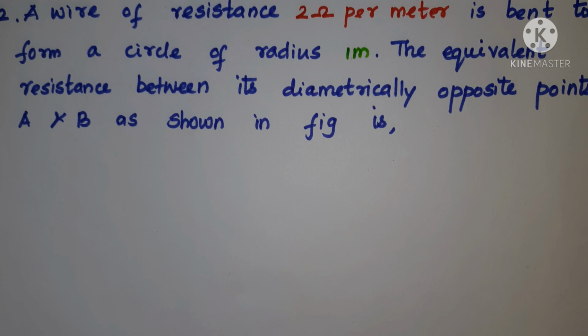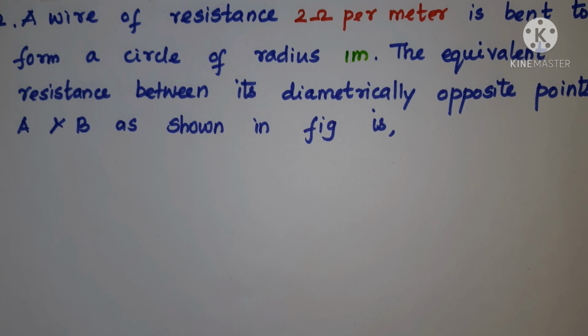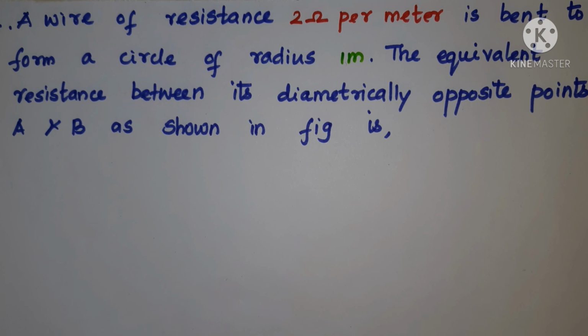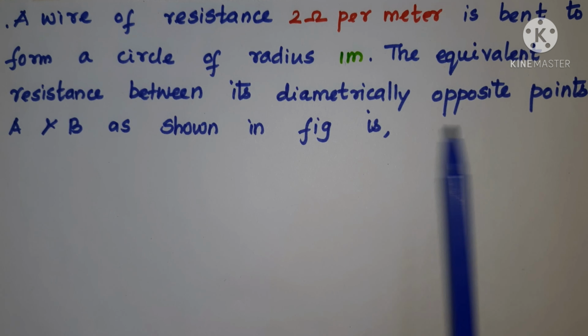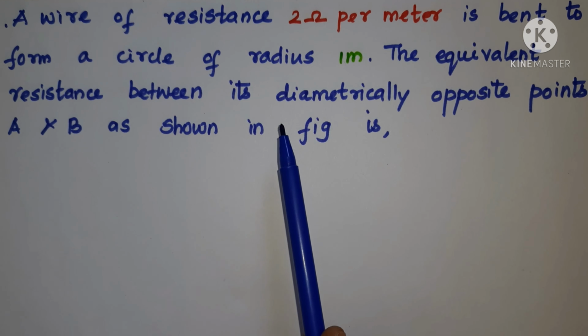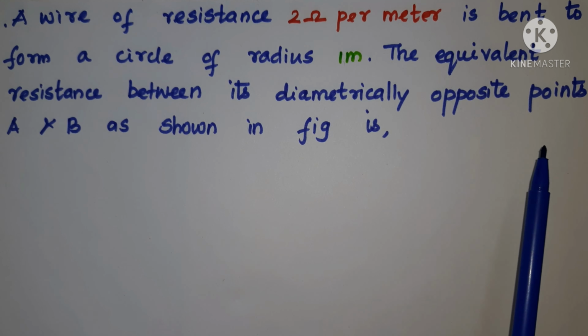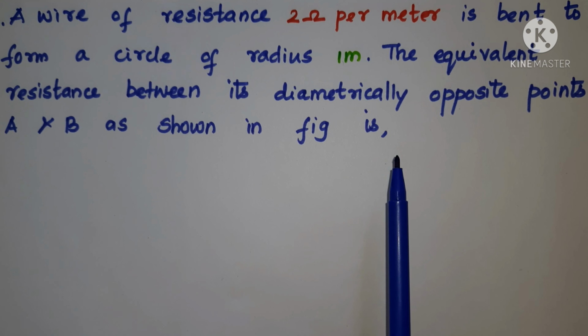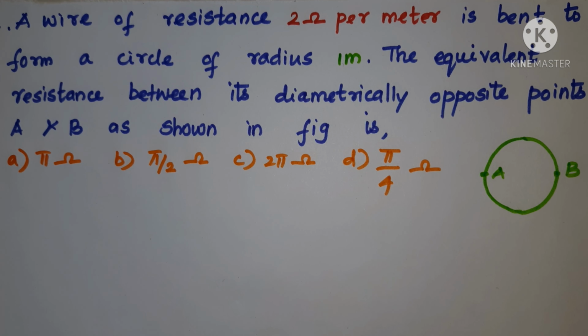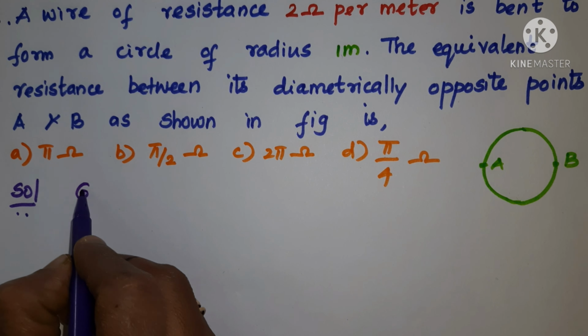Next one. A wire of resistance 2 ohm per meter is bent to form a circle of radius 1 meter. The equivalent resistance between its diametrically opposite points A and B as shown in the diagram is to be found. The solution is given.